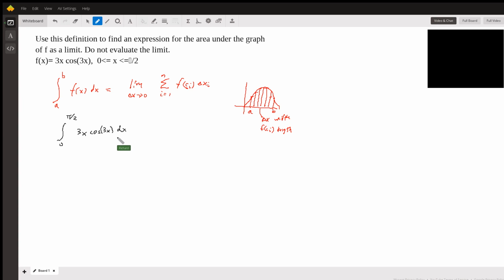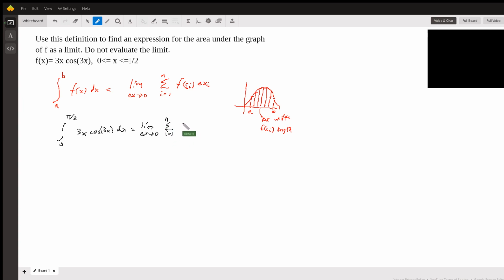And then you want to write it as a limit, using this right-hand side. The limit as delta x, which is the width of each rectangle, goes to 0, and you sum up n rectangles.